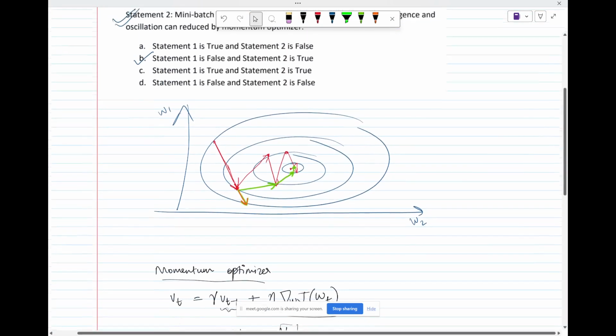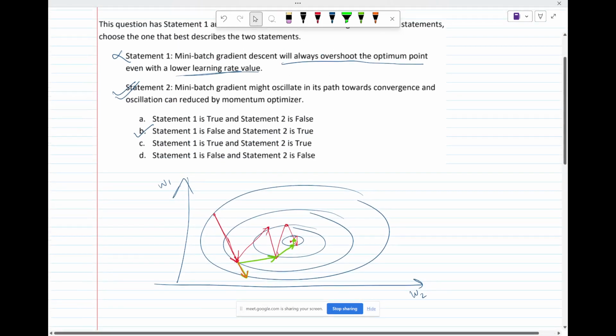So that will reduce the sort of oscillations, because the gradients sort of generalize well for your data. While in the regular minibatch gradient descent, each update is independent of the previous batch update.